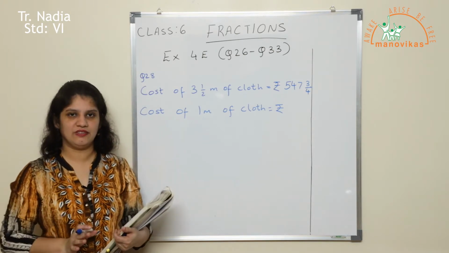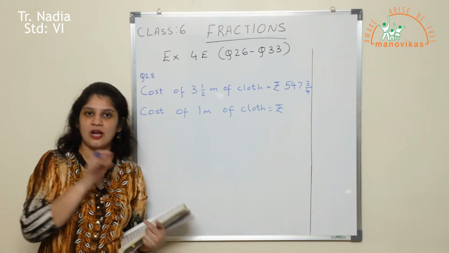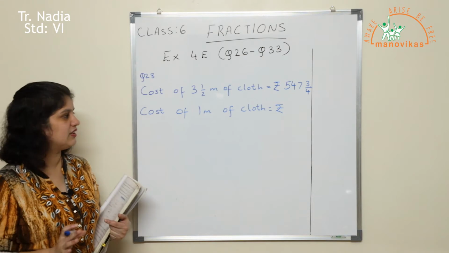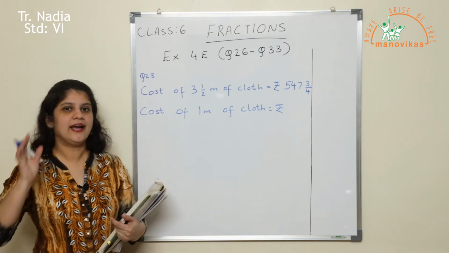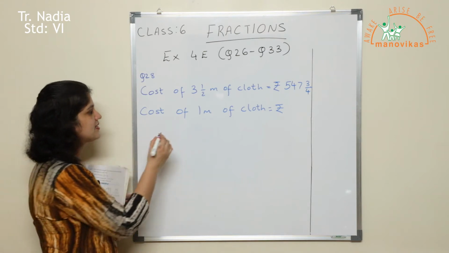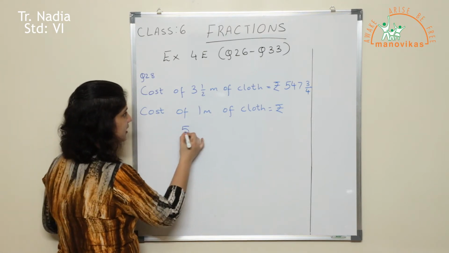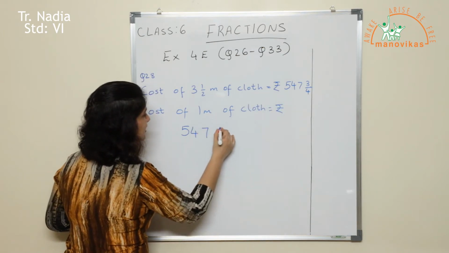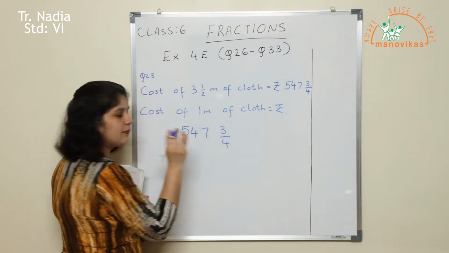Now when you are doing division, be careful about which number to put first and which number to put second. So in case of division, just to remember how to solve, I am giving you this hint. Always the big number will come first. So you can look here, 547 3 upon 4 is the bigger number.